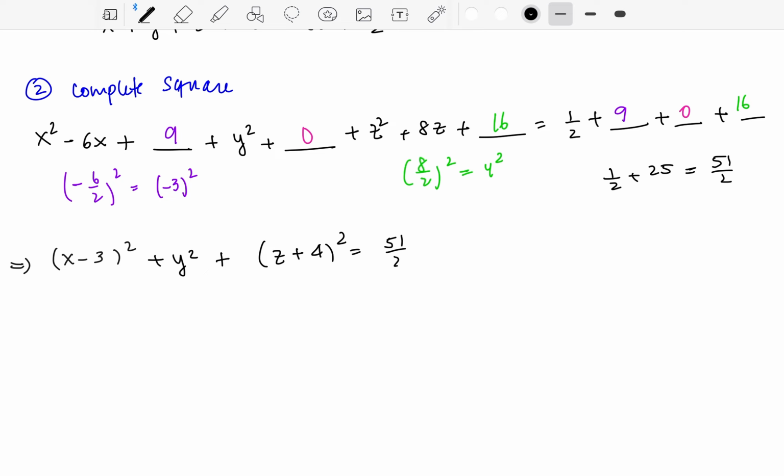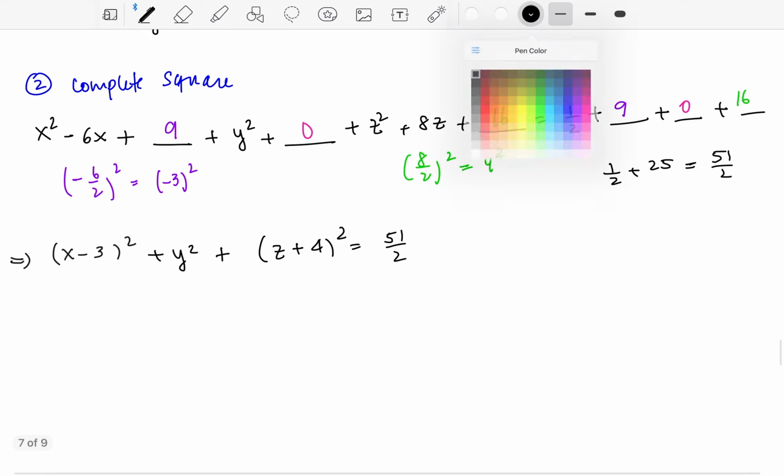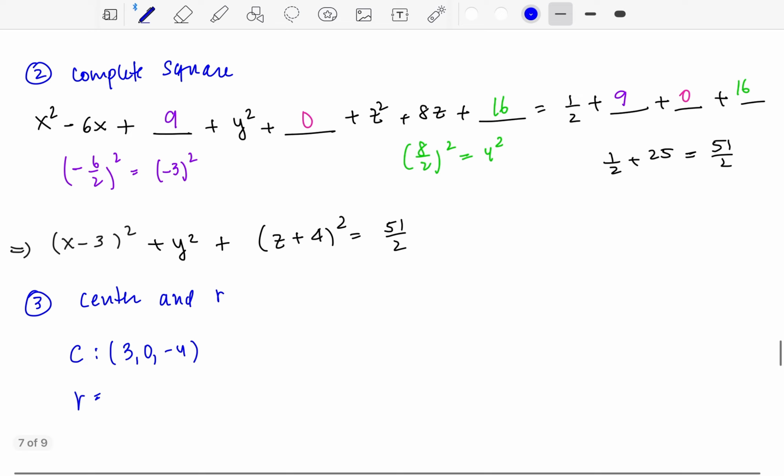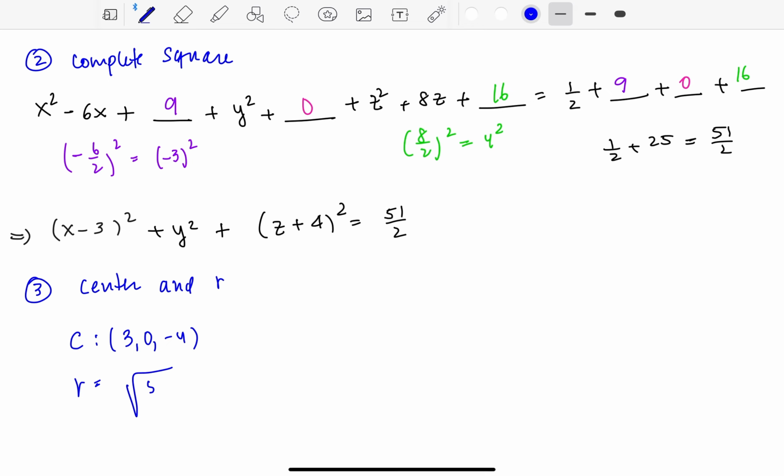So 51 divided by 2 is what I get on the right-hand side. And then from here, I know what the center and radius are. The center is 3, 0, -4, and the radius is the square root of that whole thing, so root of 51 divided by 2.